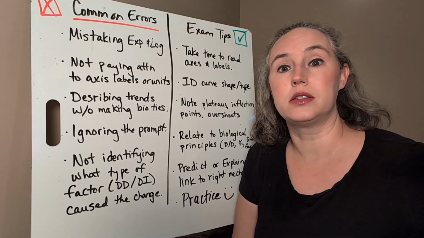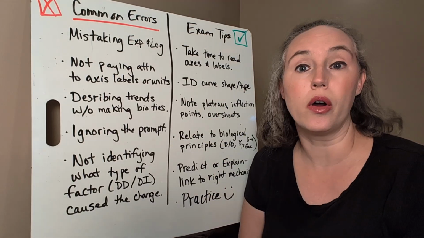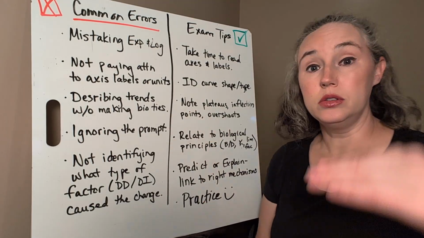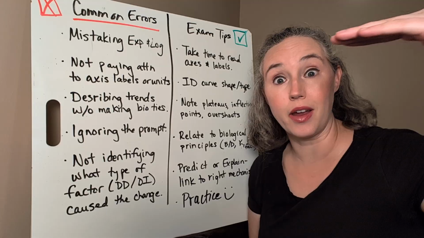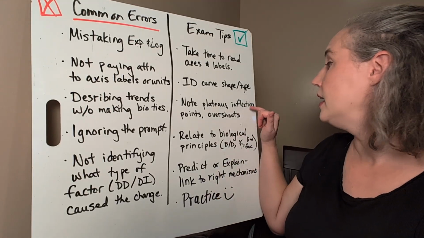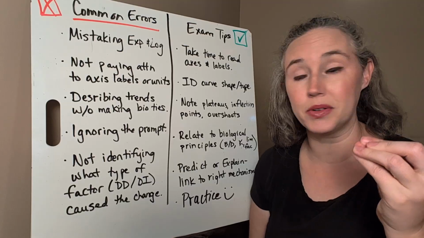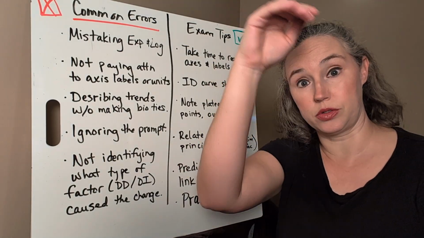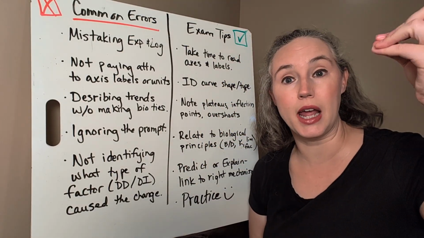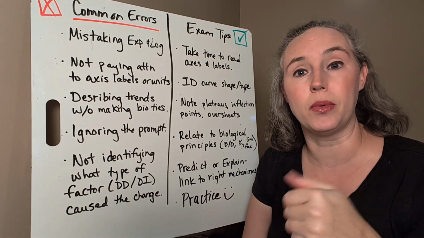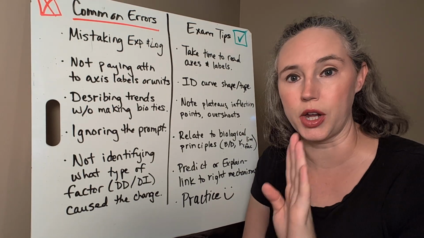It is steep and doubling and continuing to grow every generation. Note any plateaus. That's where it flattens off, your carrying capacity friends. Inflection points, any point where the slope changes significantly, or overshoots, right? Because then that's going to give you an indication that something else big is going to happen next, and you can think about what is causing this change.